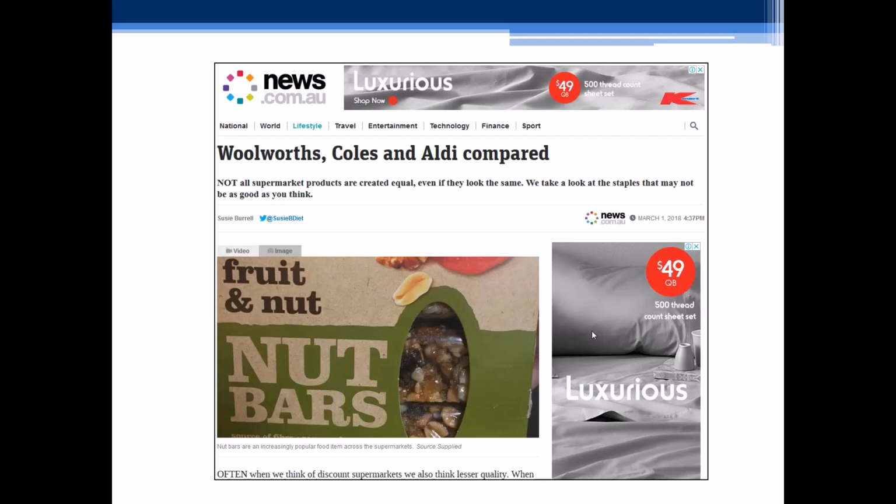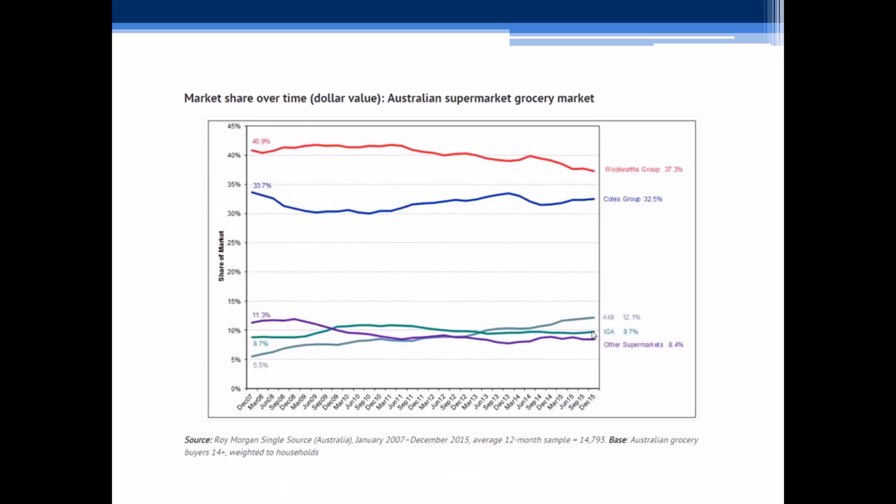You might think about another example here where we often hear about Coles, Woolworths and Aldi as being the three major supermarkets in Australia. But again, we don't necessarily know the magnitude of difference between those things until we look at something like the underlying numbers. So here you can see the market share for Woolworths is the highest, where most recently within this graph, which was December 2015, Woolworths had a market share of 37%, Coles 32%, and Aldi way behind at 12%.